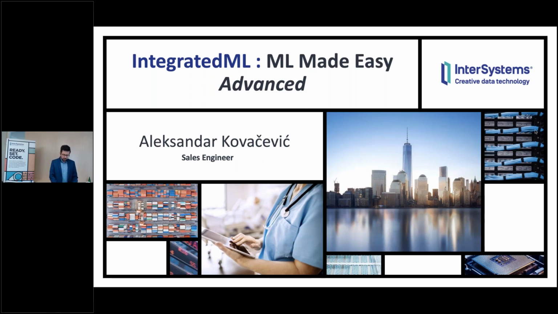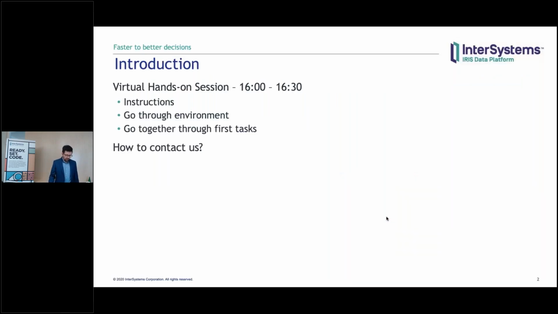So I will start and we'll take a look at how it works. As I said before, you have received the emails. I'm going to first explain, with a little presentation, how you can access your virtual machine and how you can contact us.